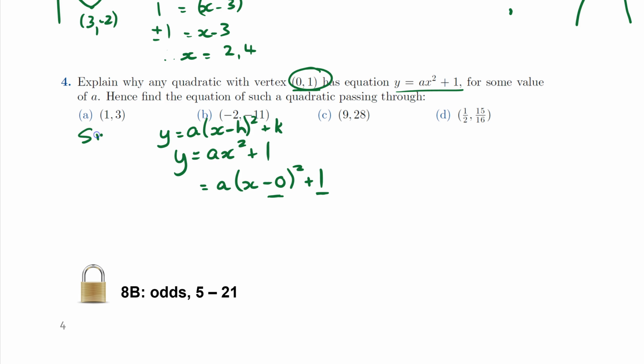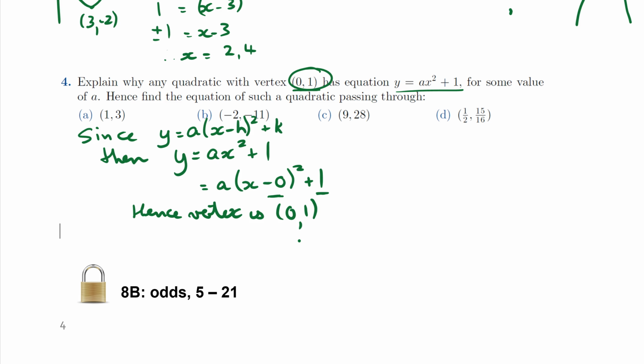I'd say something like this. Since y equals that, then y equals ax squared plus 1 equals this, hence vertex is 0, 1. And that's irrespective of the value for a.